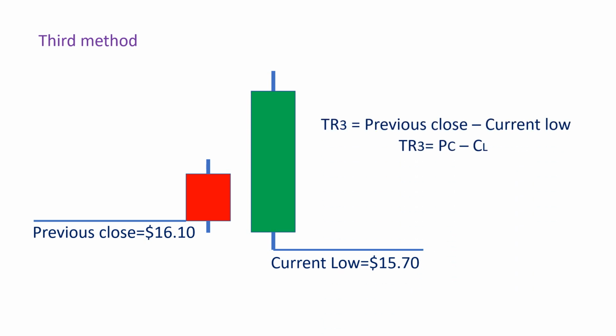This is the formula for this method, and this is the calculated TR value for the current candle, which is minus 40 cents. It means the price fluctuates 40 cents for the duration of this candle. It is important to know that we consider only the absolute value of TR into account, and we ignore the minus sign.